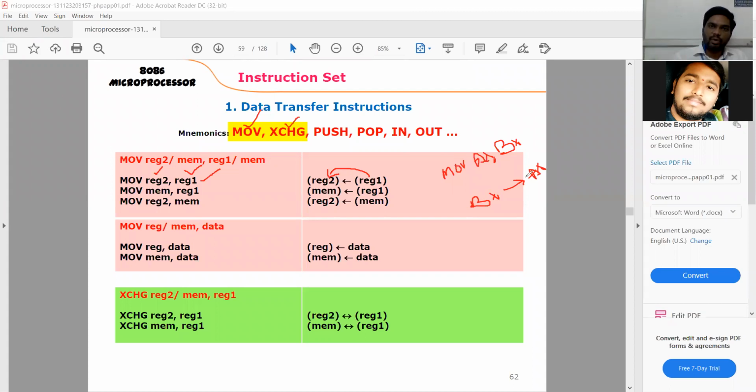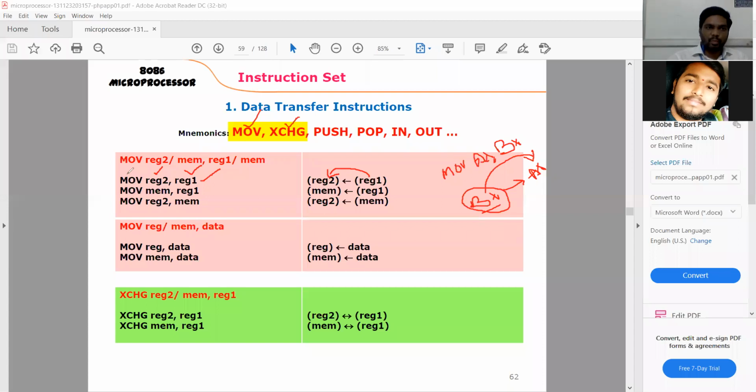We are not cutting or deleting the data. The data will still be present in the BX register, it is just copied from the BX register to the AX register. That is the thing that you have to understand in the data transfer instructions.